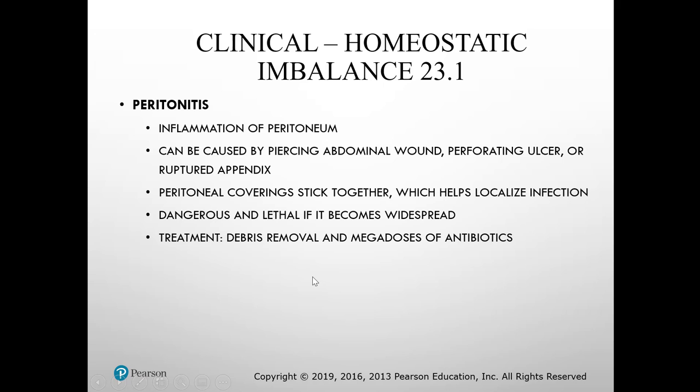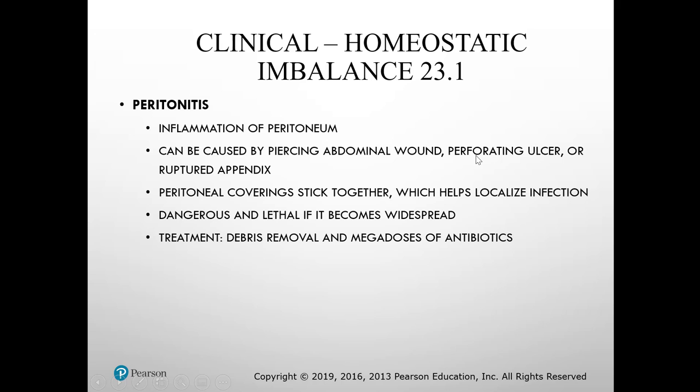Peritonitis needs to be cleaned up. When a person has inflammation of the peritoneum, something must be causing it, and this debris must be removed, and the patient must be given mega doses of antibiotic. This debris sometimes comes from, let's say, a gunshot wound or a perforation, possibly a perforating ulcer.